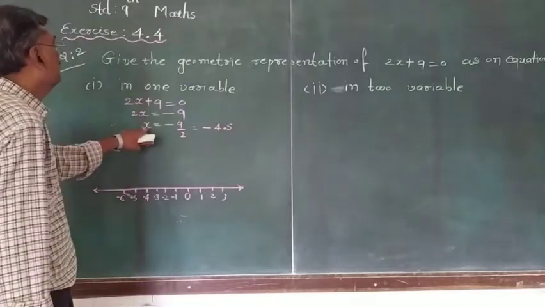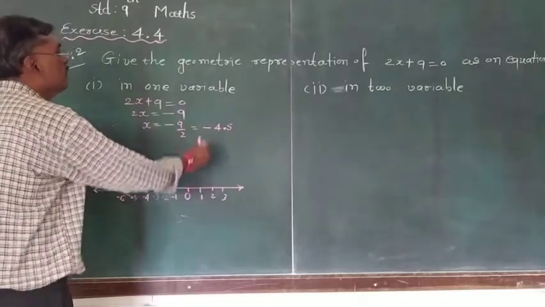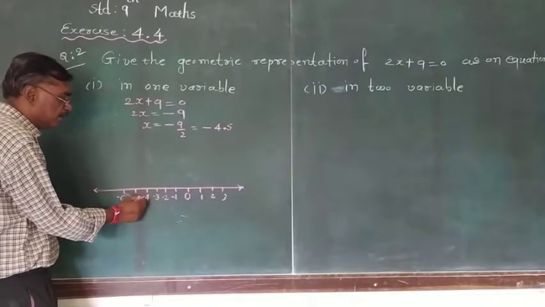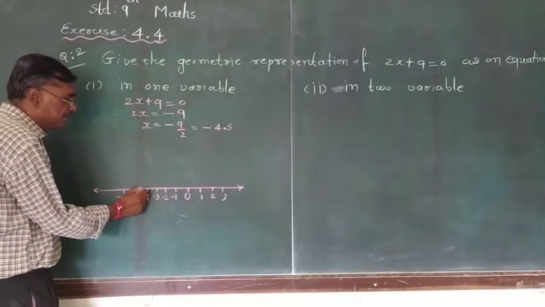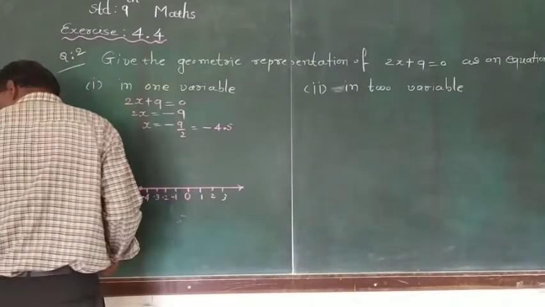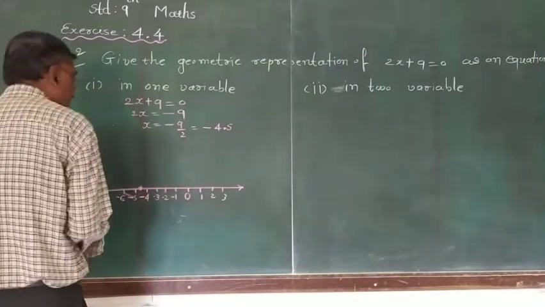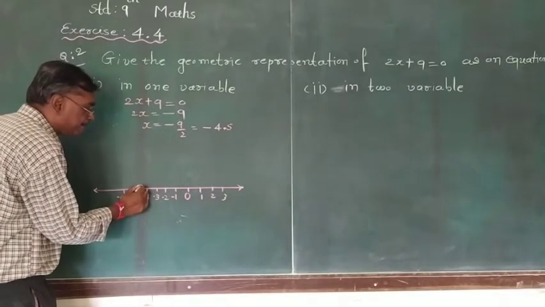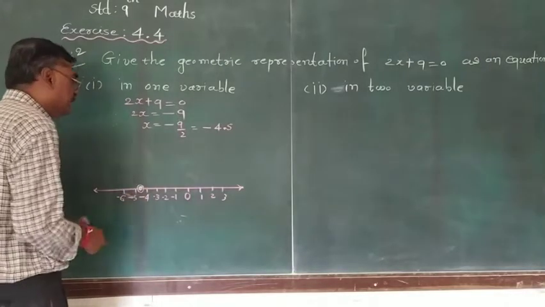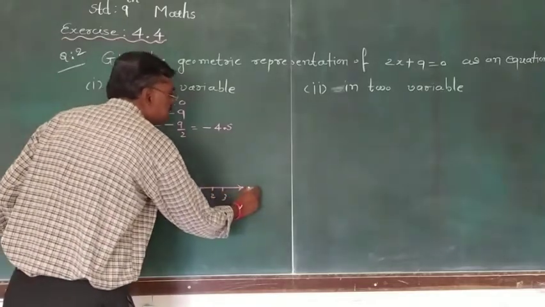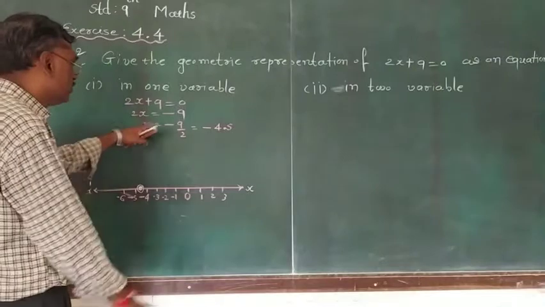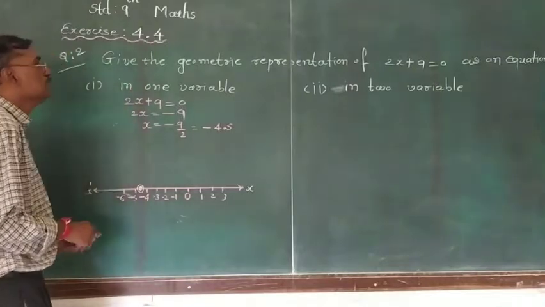We need minus 9 upon 2, minus 4.5. This is 4 and this is 5, so minus 4 and minus 5, and in between them we can draw the point in this way. This is the x-axis.